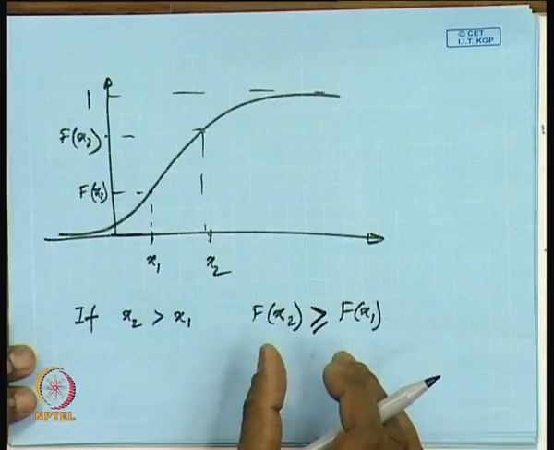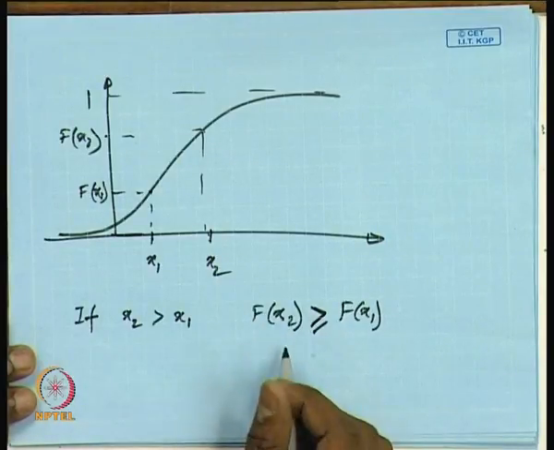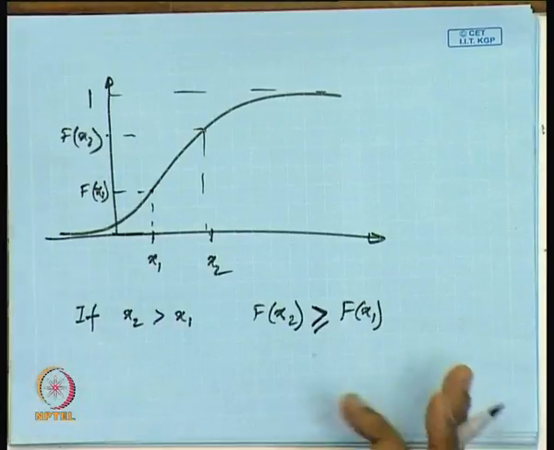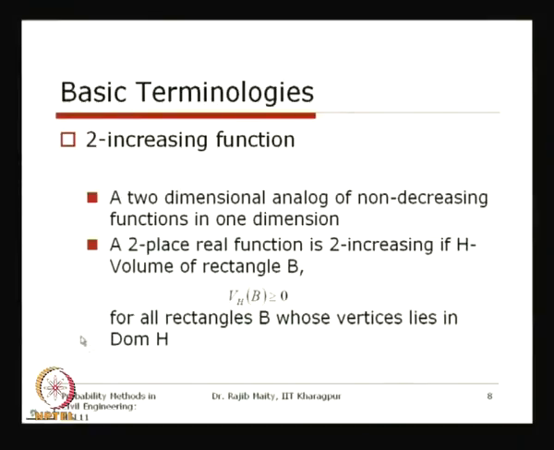Now if I want to extend the same property to the 2-dimensional case, then what is known as the 2-increasing function. So this is the correspondence with the 1-dimensional case that we have seen earlier; the same corresponding property in the 2-dimensional case is known as the property that it is a 2-increasing function.